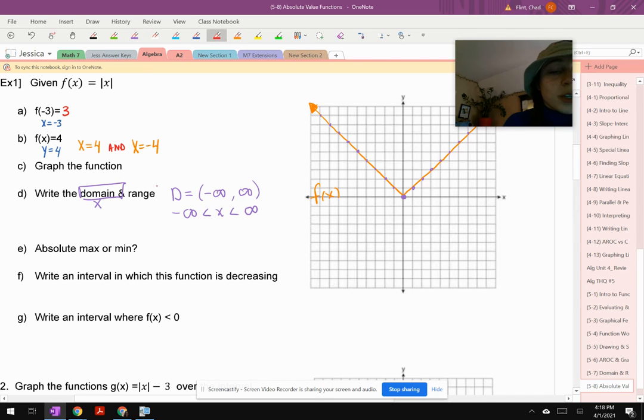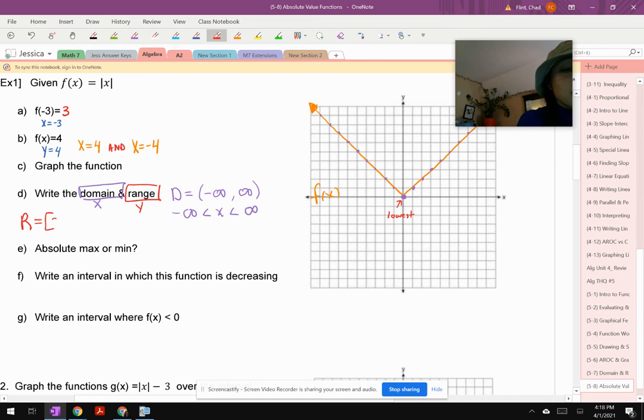Range, talking about my y values. So now the y values here, there are no y values that are negative. There's nothing here. So the lowest y value that my graph exists on is right here, and that would be 0.